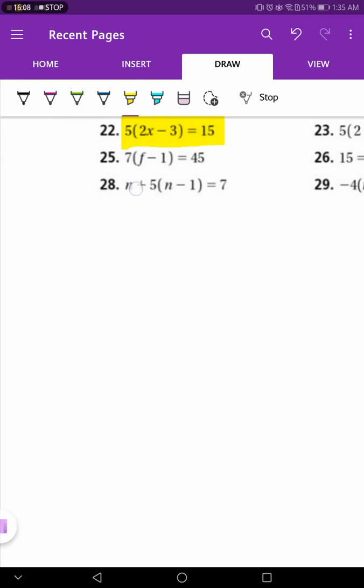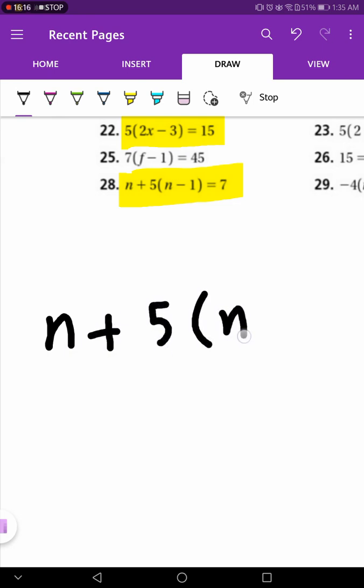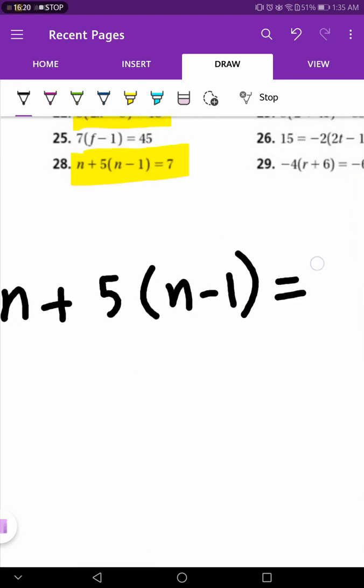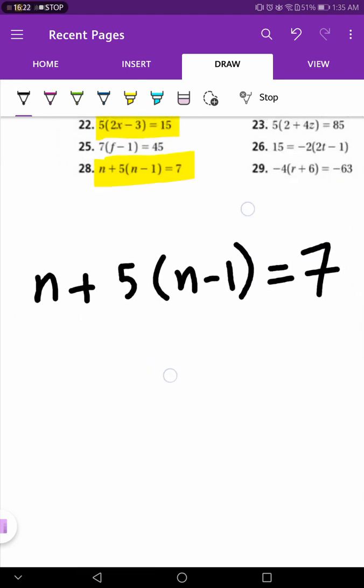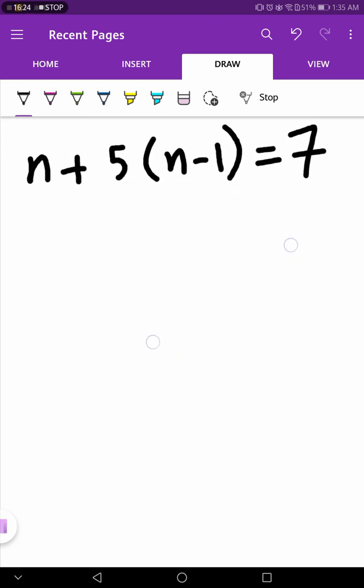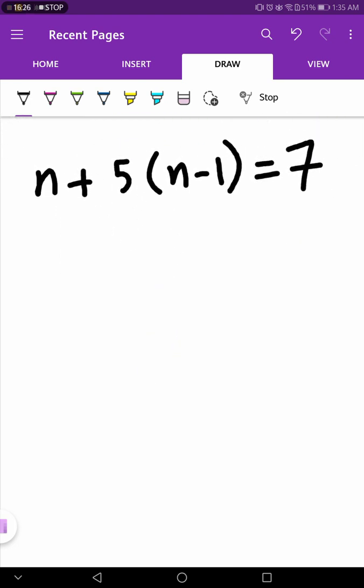Let us take this equation. It is n plus 5 multiply n minus 1 equals 7. Yes. Now, how can I solve any equation in this situation?